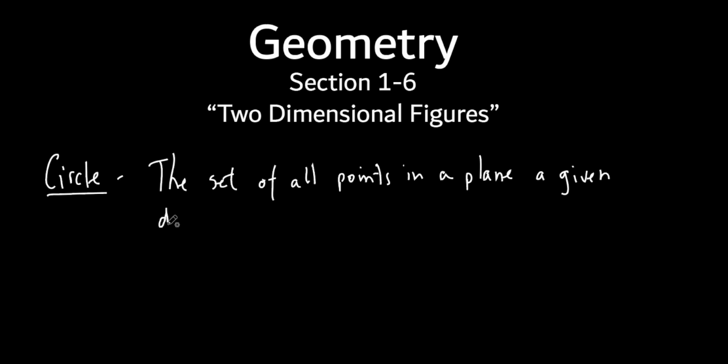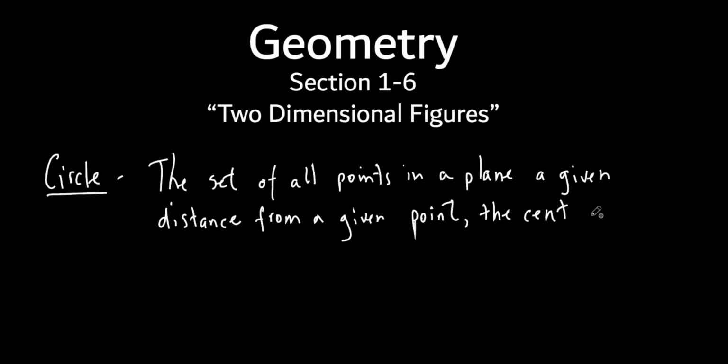This definition right now is not going to make much sense, but when we draw the circle and we talk about it, then it should kind of make sense. The given point is called the center of the circle.